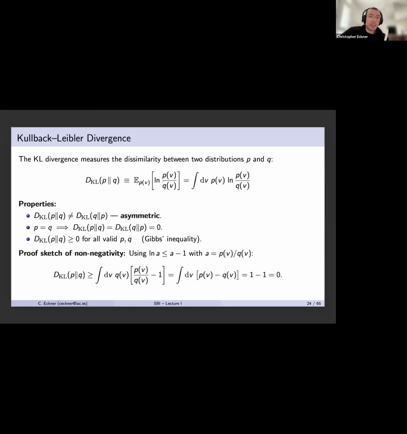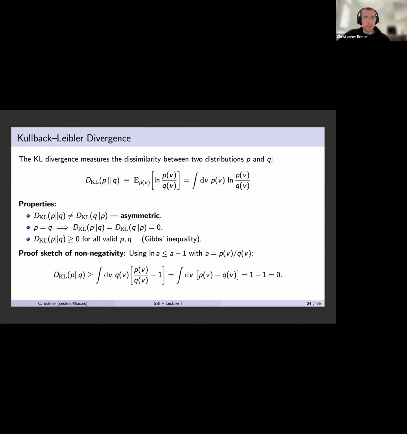However, if these probability densities are the same, then the Kullback-Leibler divergence is exactly zero, and it is always greater than zero otherwise, no matter if you exchange the roles.